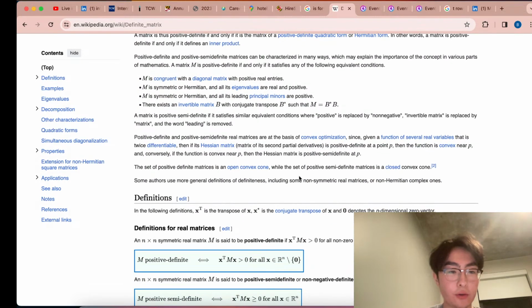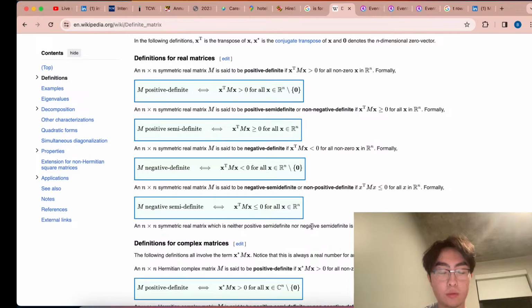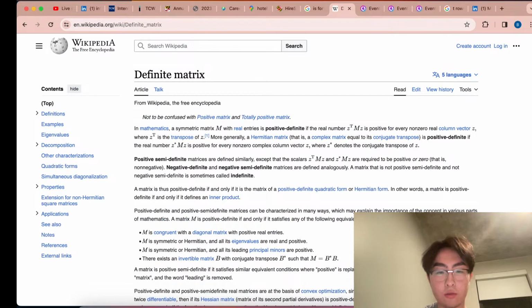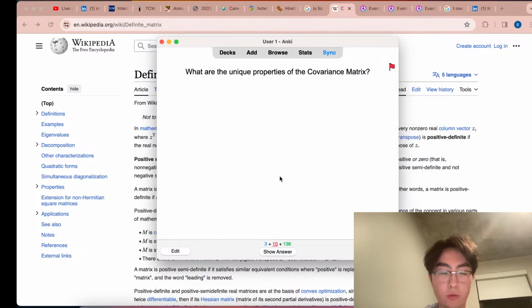Yeah, not too sure. This isn't really helping. I'm going to add a red card here.